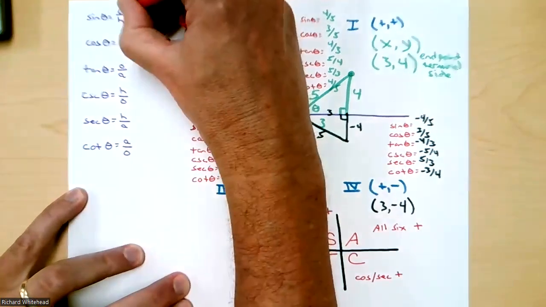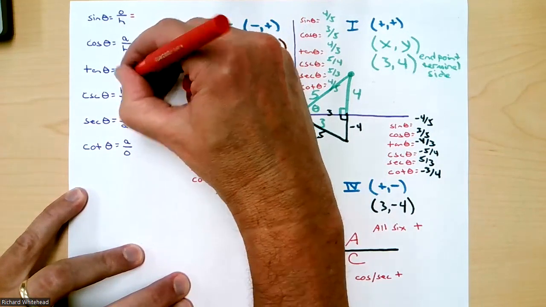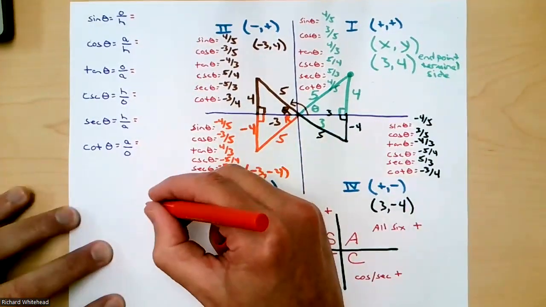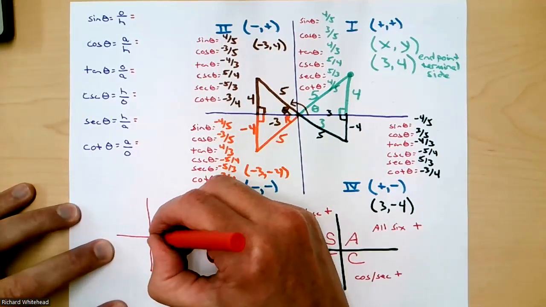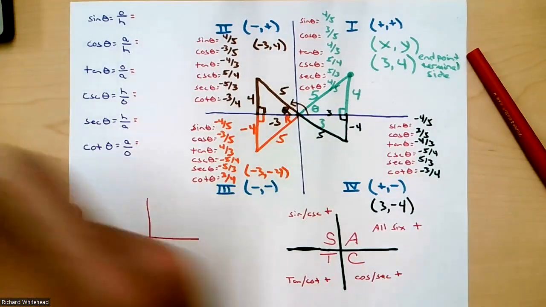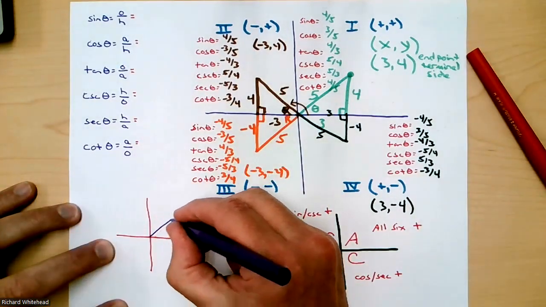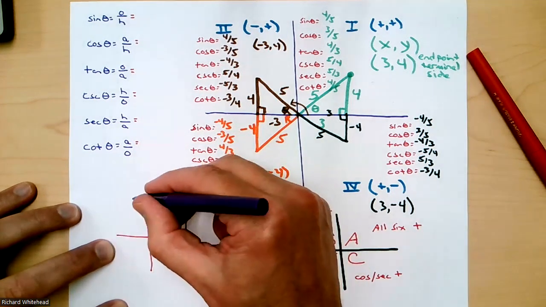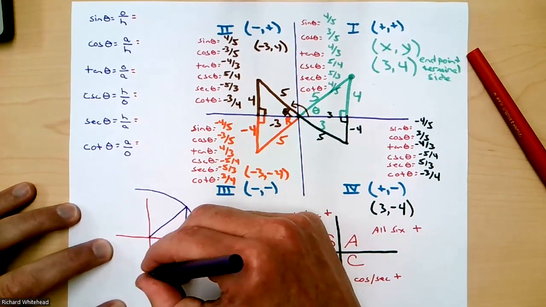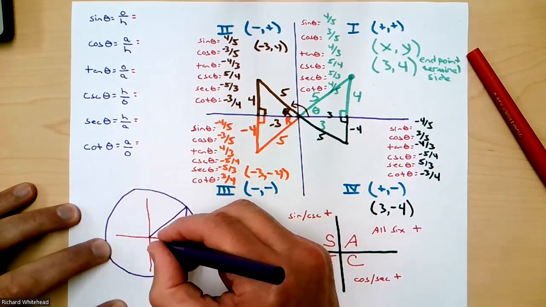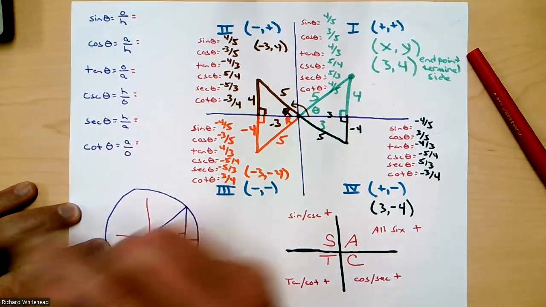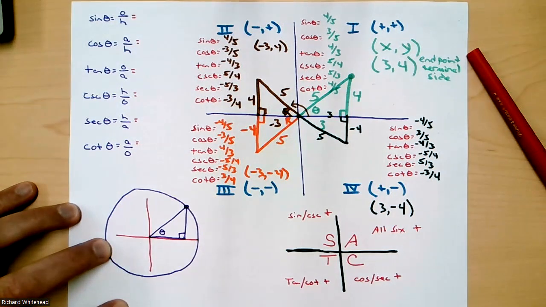Okay, and just for the record, check out what would happen here. If we were on a circle, we're making an angle on a circle. Pretend this is a perfect drawing like all my drawings. We're making that right triangle right there.